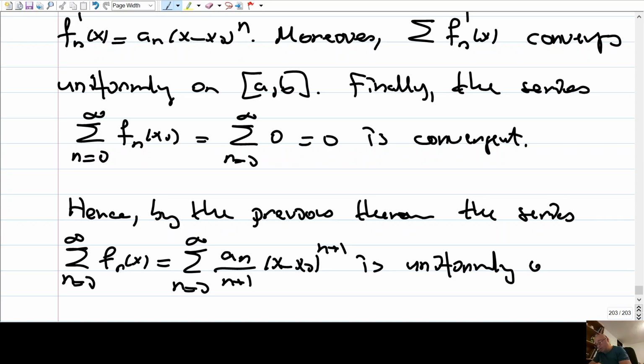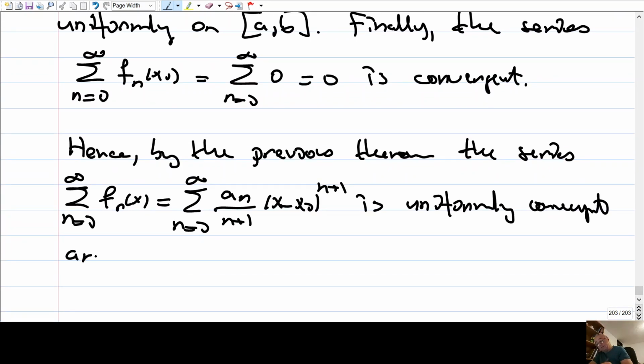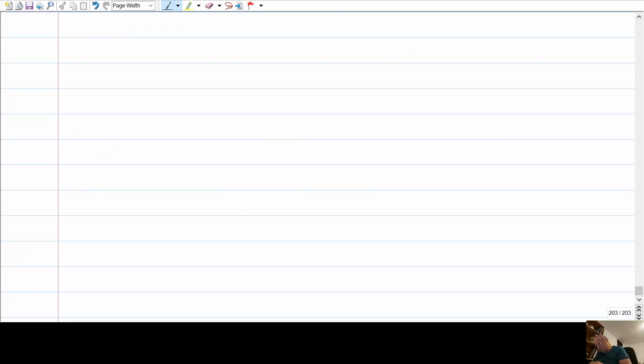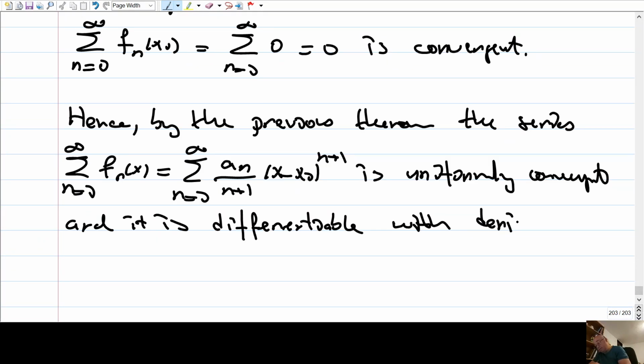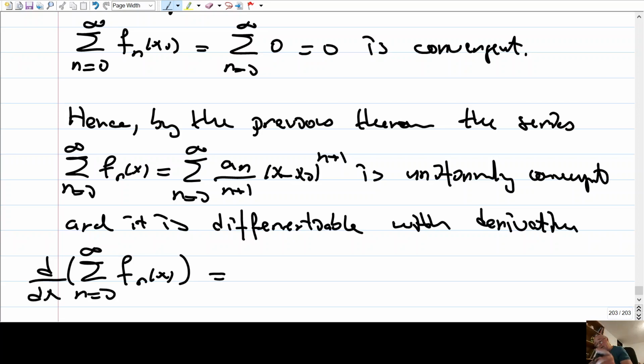I knew this, convergent, and it is differentiable with derivative. What is the derivative of this? So the derivative of this, by the theorem, is nothing but you just take the derivative of each function.